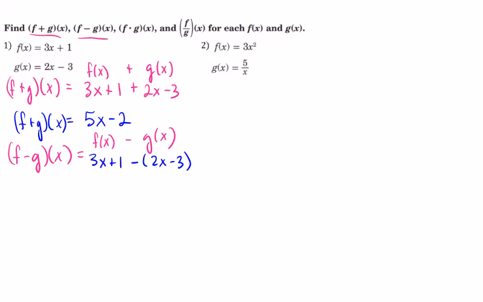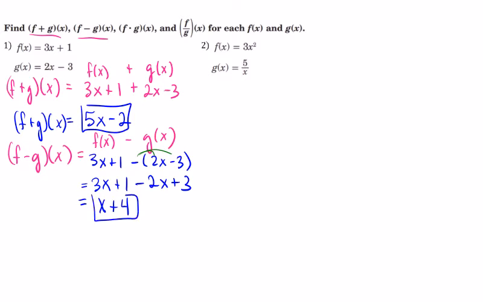But here we're subtracting this whole function g of x. So we have to put g of x in parentheses, because this negative applies to the whole function, not just the 2x. So we're going to distribute the negative, and we'll end up with 3x plus 1 minus 2x plus 3. And so that'll turn into 1x plus 4. Okay. So that's f minus g of x.